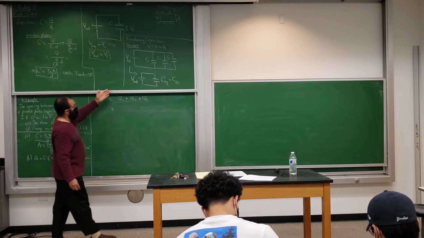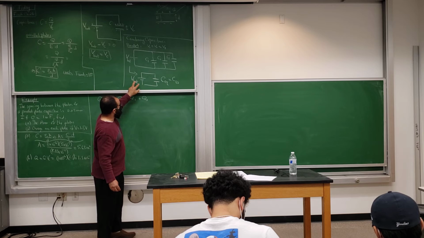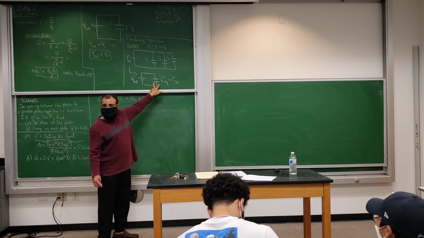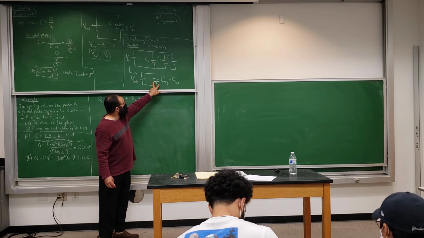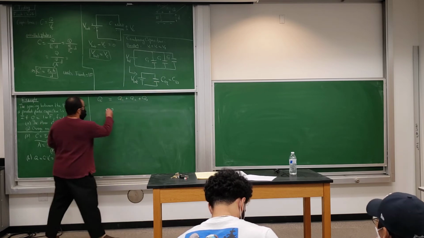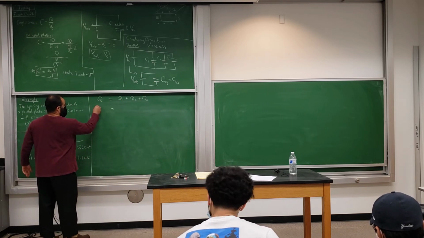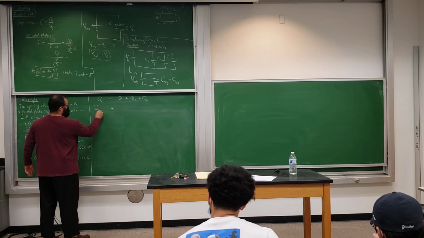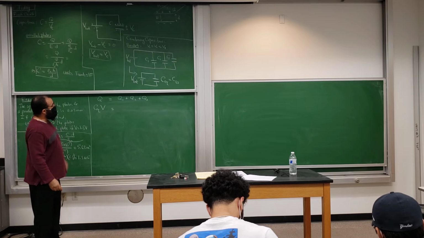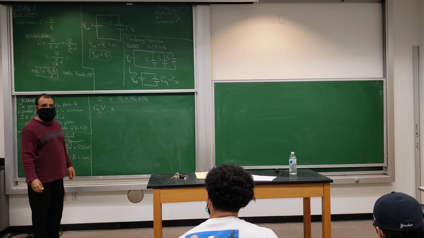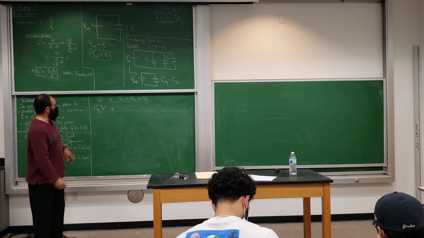The voltage of the battery will equal the voltage of this equivalent capacitor, right, when you just have one replacement. So Q will equal C of this equivalent capacitance times the voltage across this capacitor. What's the voltage across that capacitor in this case? V battery. So let me put V battery.